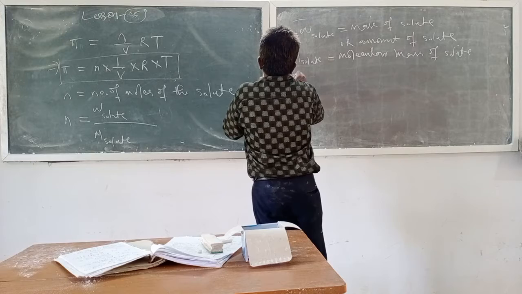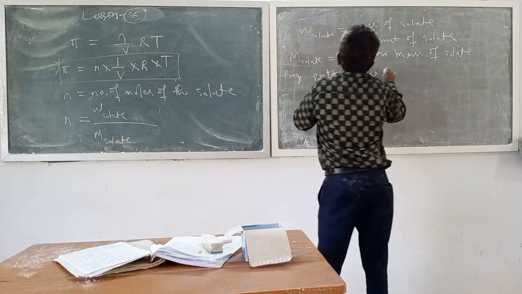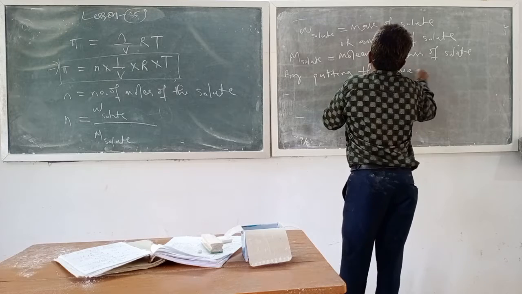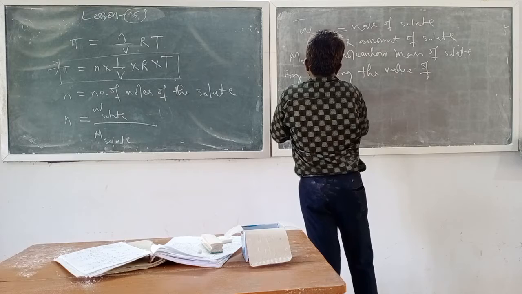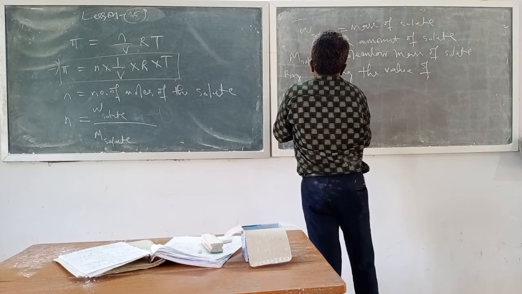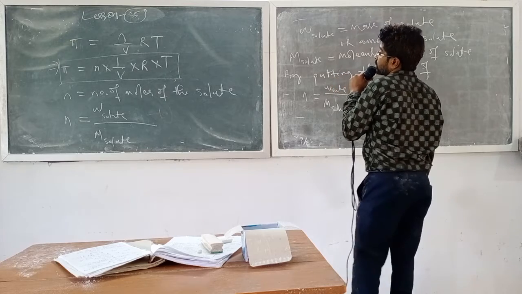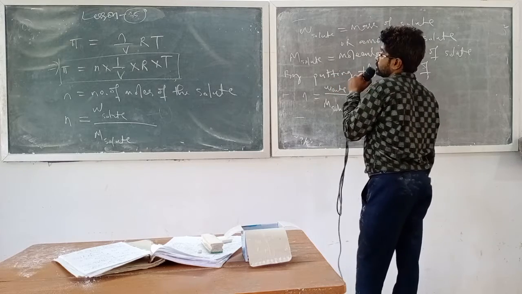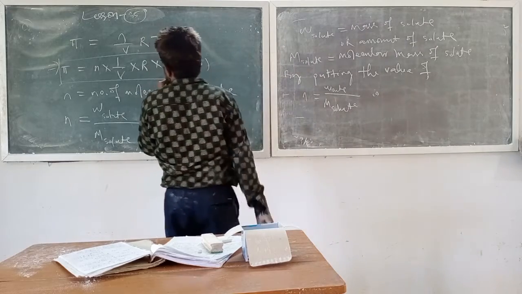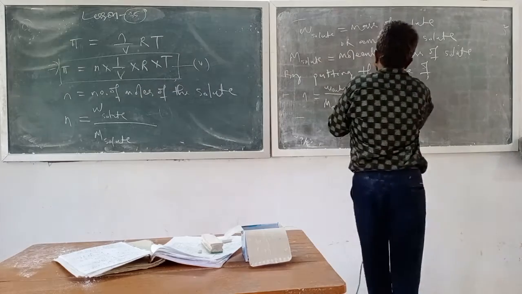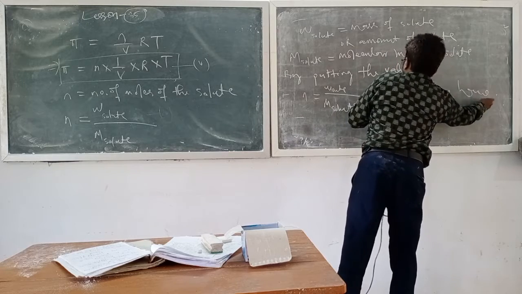So by putting the value of N equal to W solute by M solute in this equation, suppose this is equation B.